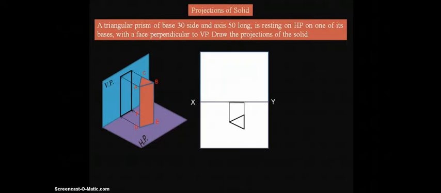With 50 mm length, draw two perpendicular lines on both ends of the base we have drawn on the XY reference line. Now join these two lines and we'll get the rectangle shape in the front view. So this is the final front view, and the triangle is the final top view.